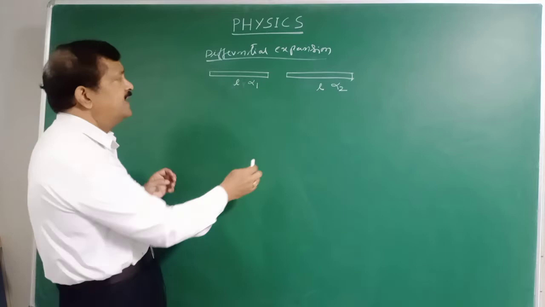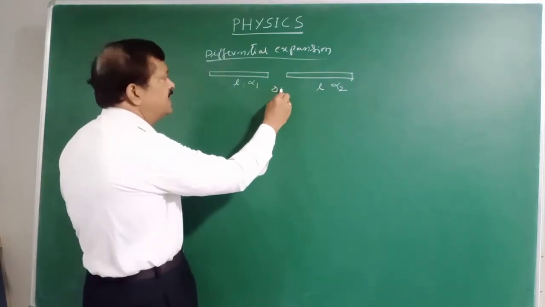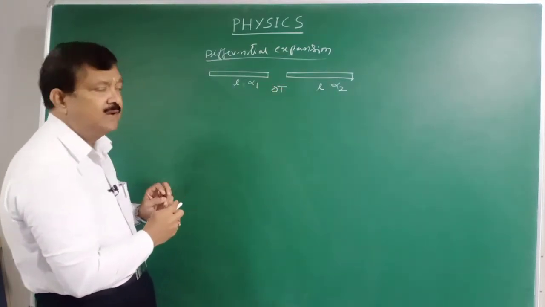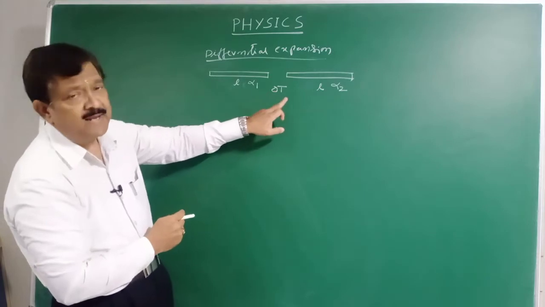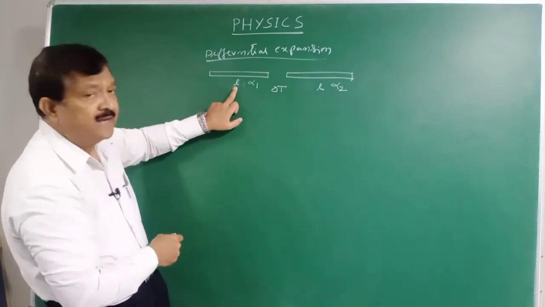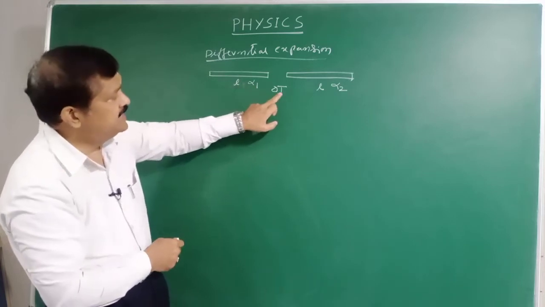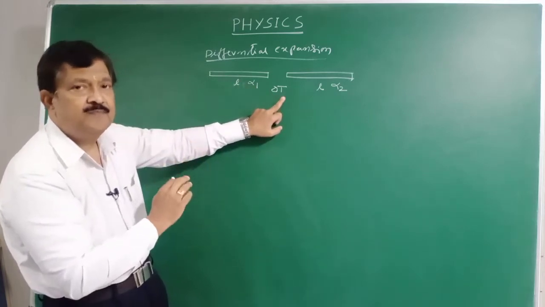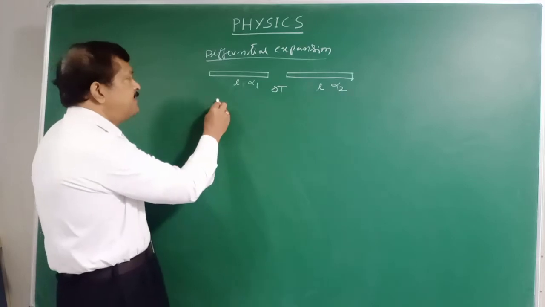Now let us increase the temperature of both the rods by delta T. So the temperature change is the same for both. Even though the initial length and the change in temperature are the same, consider the expansions.